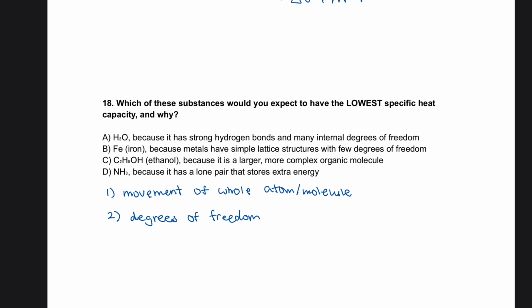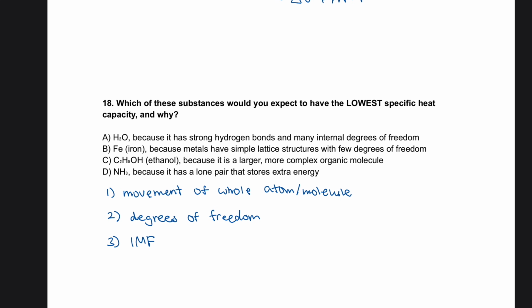A higher degree of freedom means a higher specific heat capacity. Degrees of freedom is basically how many different ways the molecule can move internally, like how many different ways it can be rearranged in different positions, like resonance structures. The last thing it depends on is intermolecular forces. The stronger the intermolecular force, the higher the specific heat capacity, because it's more difficult to break those forces and evaporate it.